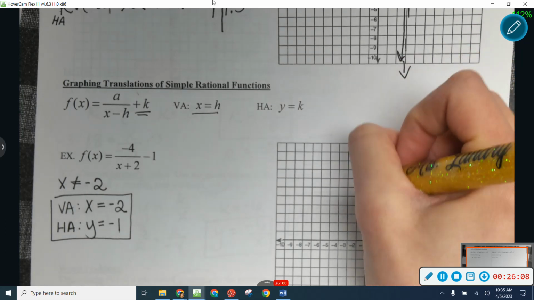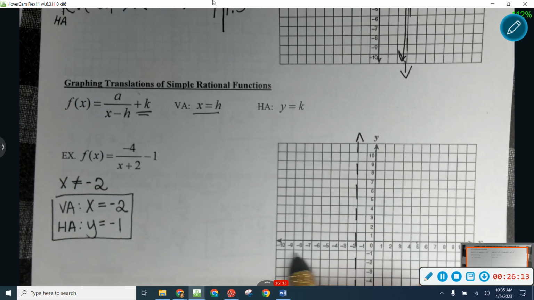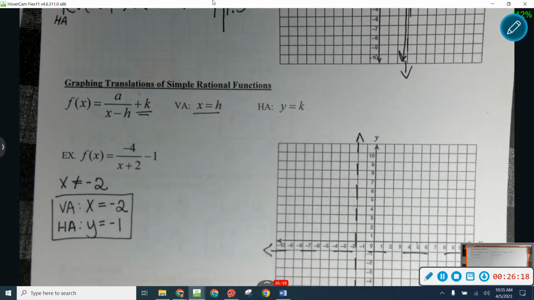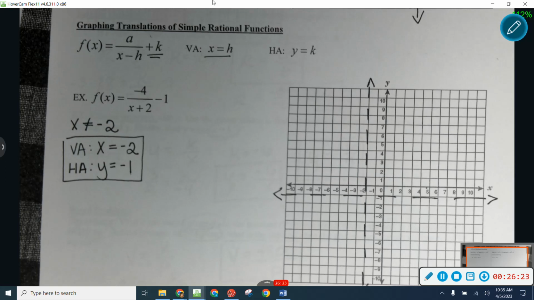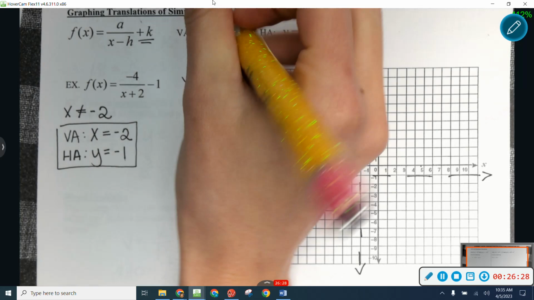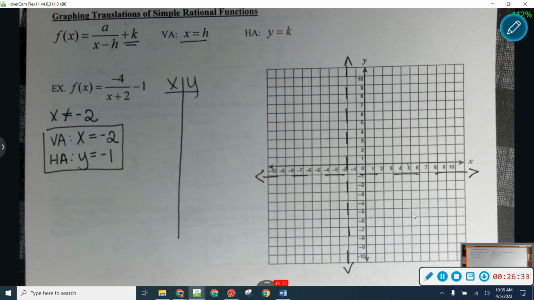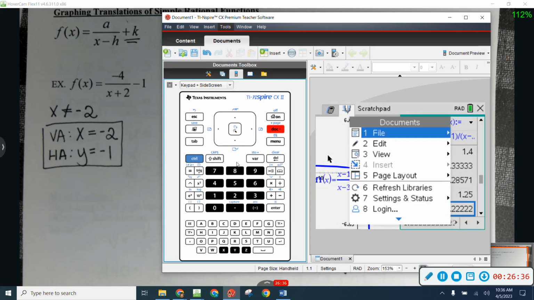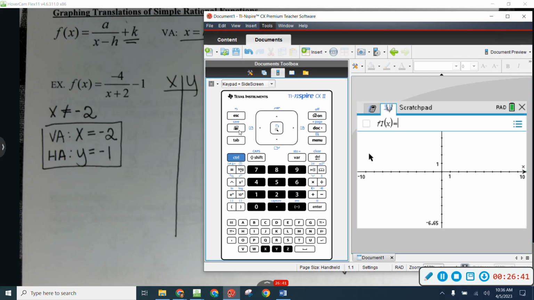So I'm going to plot those dashed lines. I'm going to go graph. Be careful how you type it into your graph.